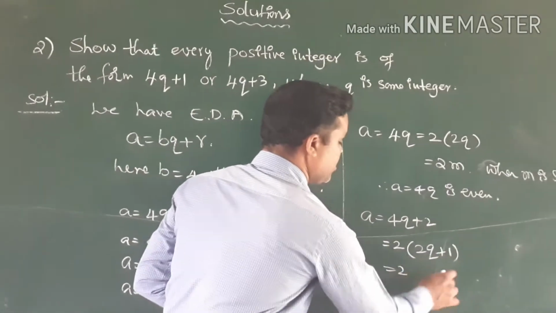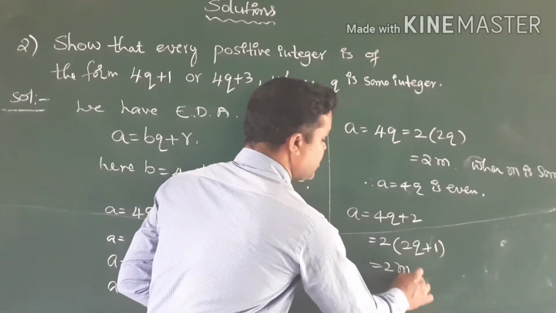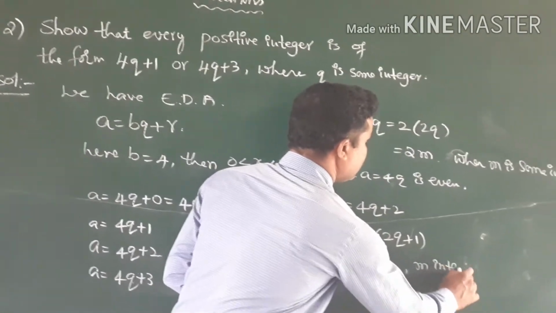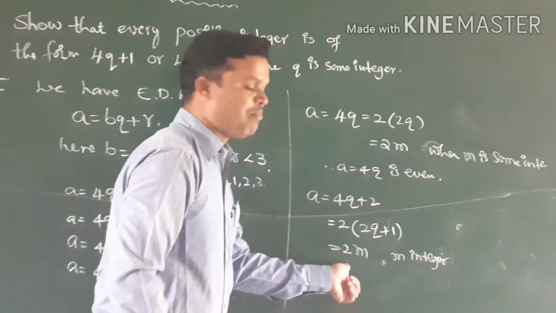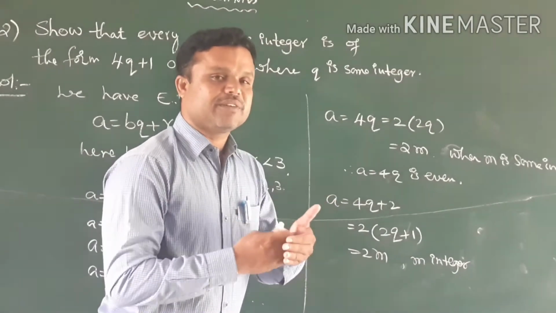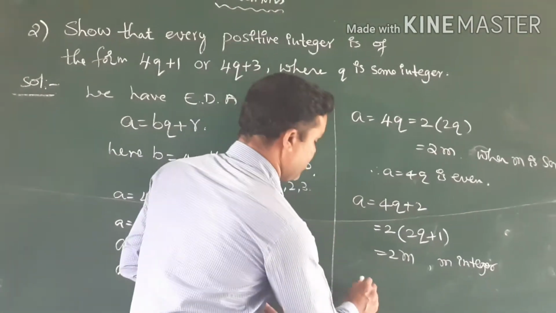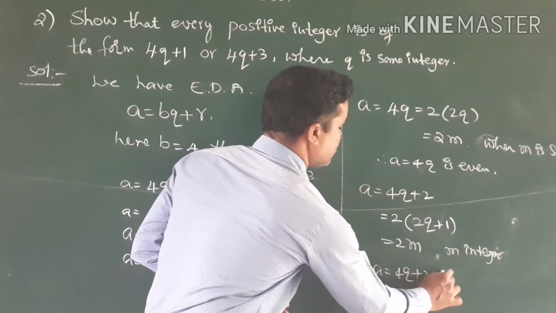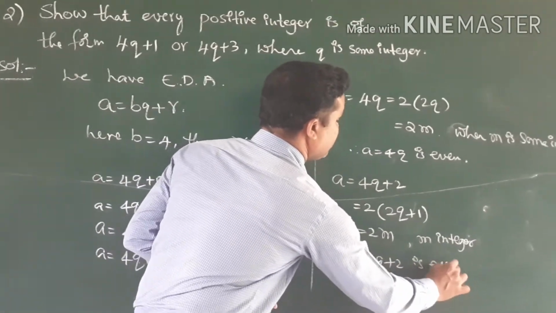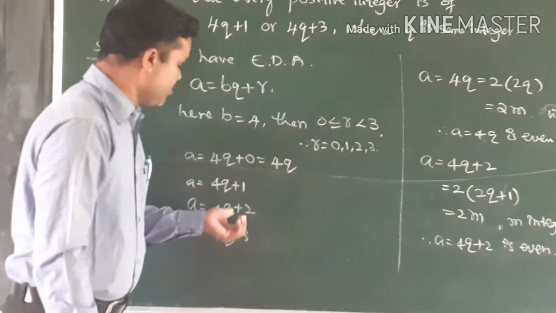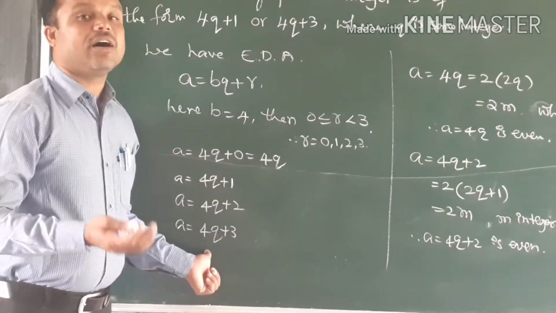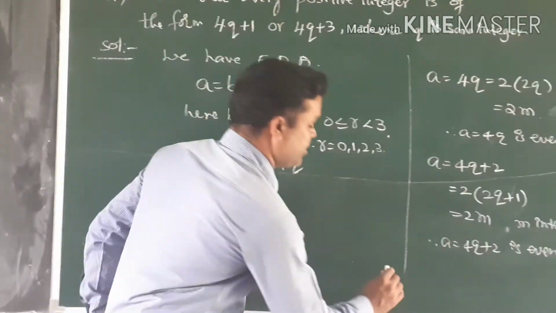If you consider the total as some letter m, where m is an integer, then this is also a multiple of 2. Whatever number is a multiple of 2 is even. So A is equal to 4q plus 2 is even. The remaining ones, 4q plus 1 and 4q plus 3, are odd positive integers.